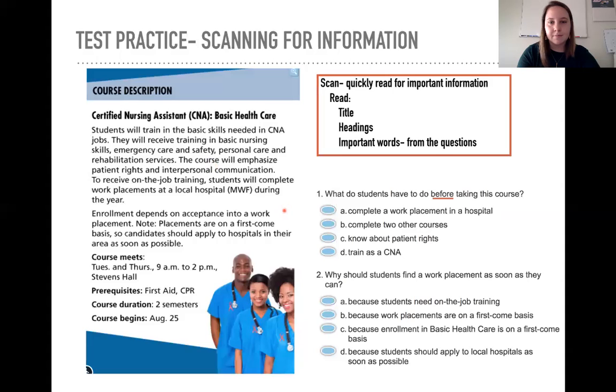Sorry, guys. So instead of reading all of this information, we're just reading the important information. We're just reading what we have to read to answer the question.